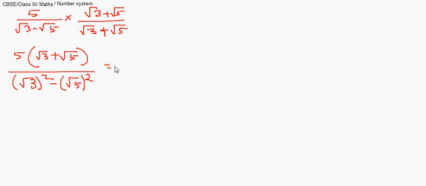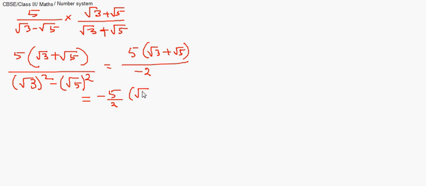The numerator remains as it is, and the denominator becomes 3 minus 2, that is 1. So the answer can be written as 5 multiplied by root 3 plus root 2.